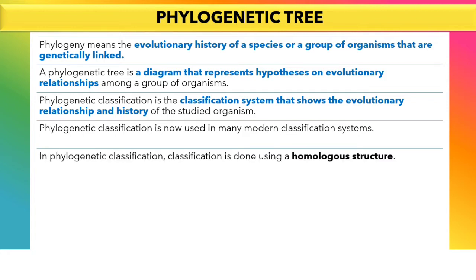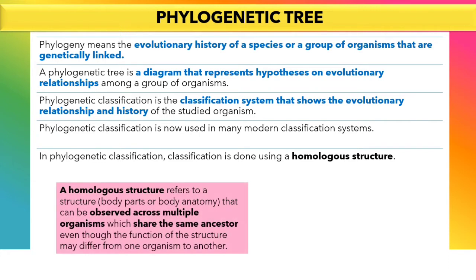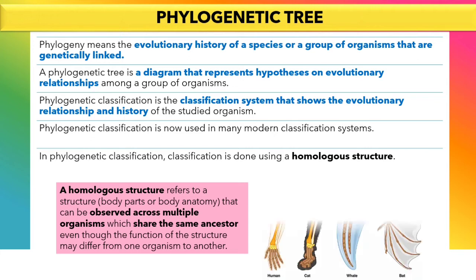Phylogenetic classification is done using homologous structures. A homologous structure refers to a structure of body parts or body anatomy that can be observed across multiple organisms which share some ancestor, even though the function of the structure may differ from one organism to another.